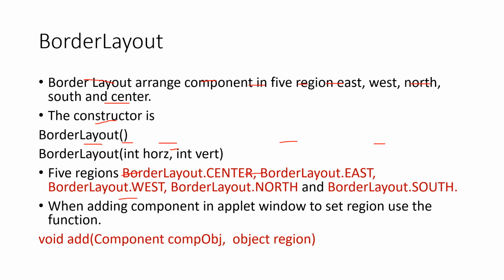When adding a component in the Applet window, to set the region, use this function: void add(component, object region). The component may be a button, label, etc. Region is BorderLayout.CENTER or east, west, north, south, etc.